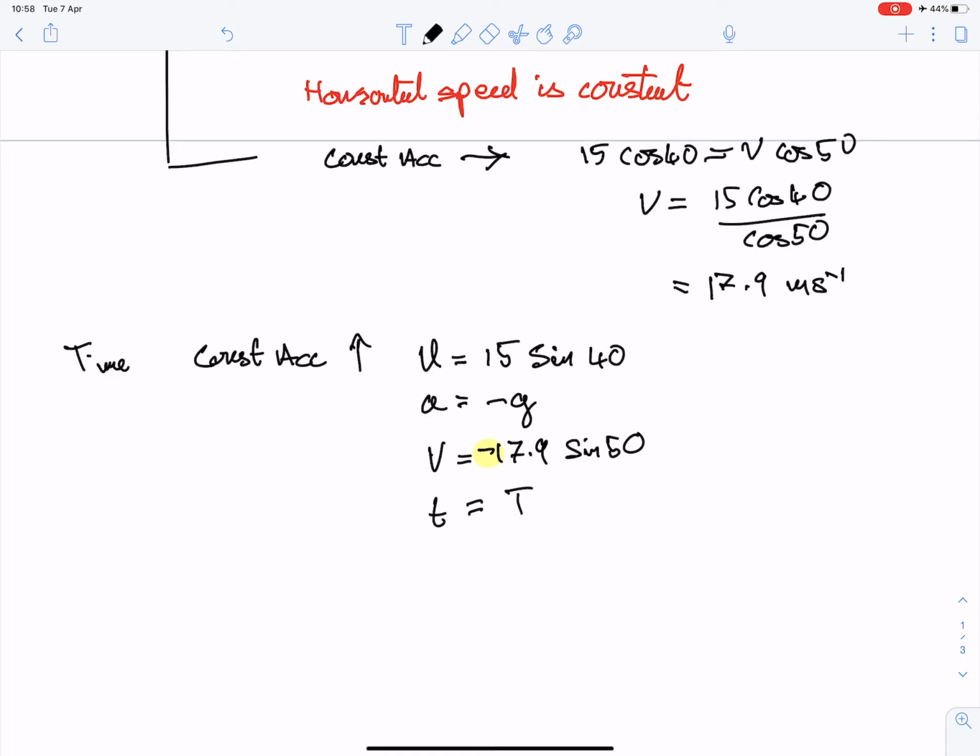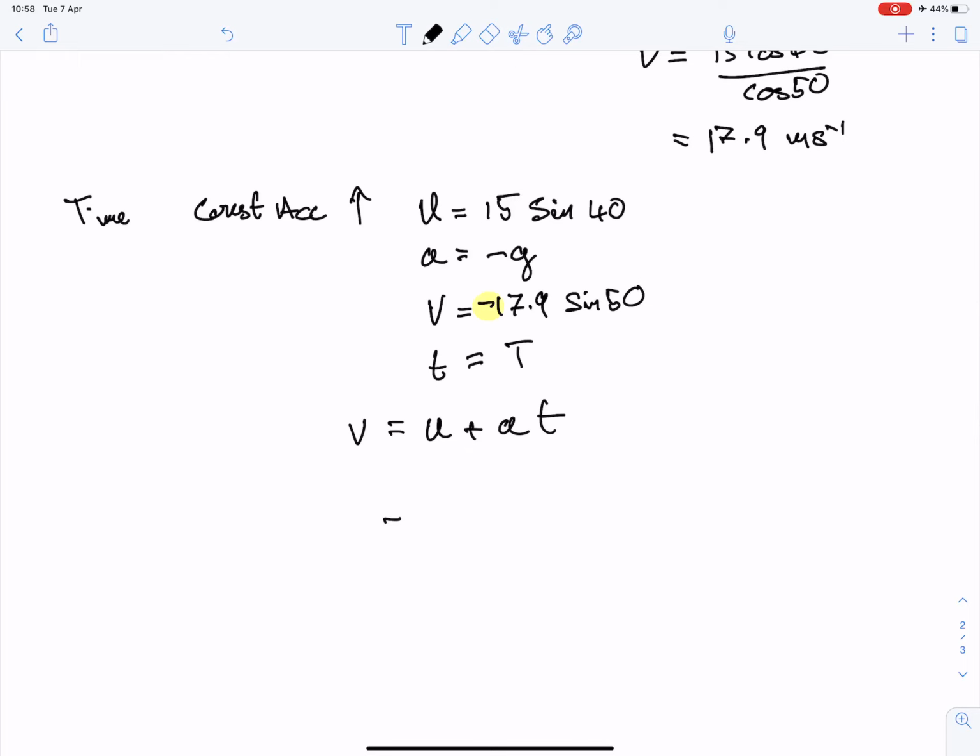So what equation are we going to use? v equals u plus at. Substitute in 15 sine of 40 minus gt is equal to minus 17.9 sine of 50.